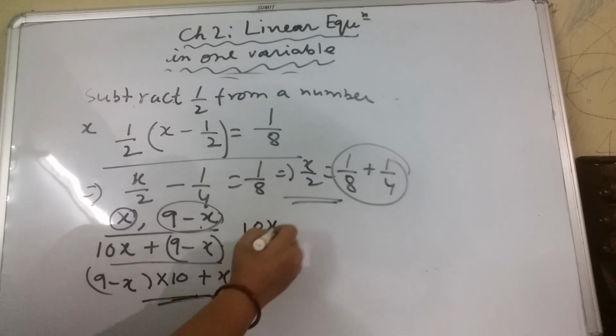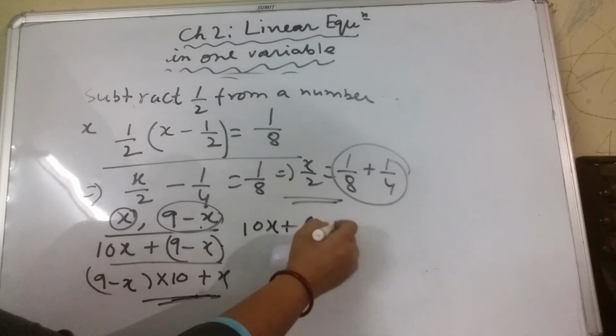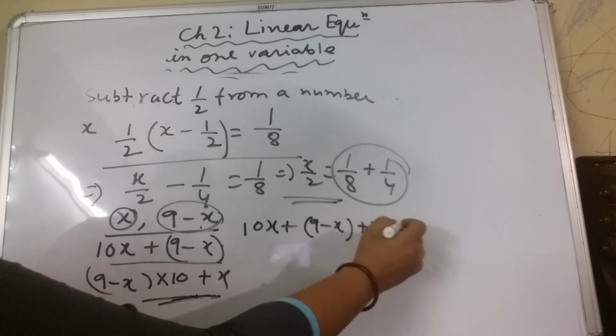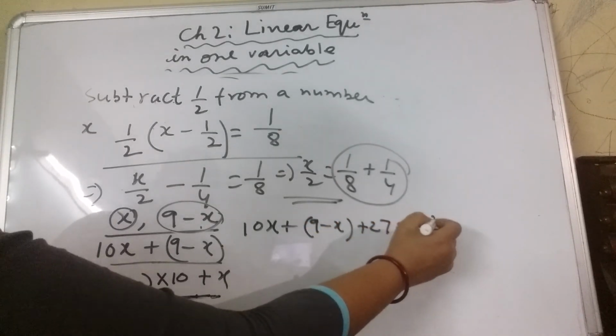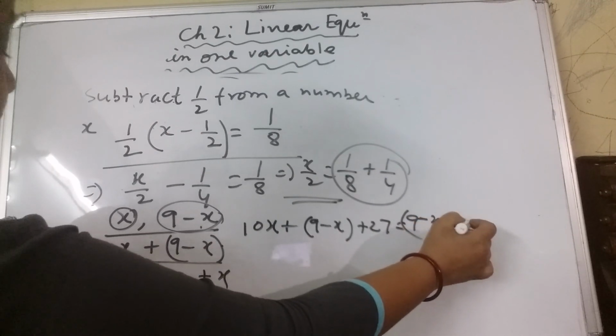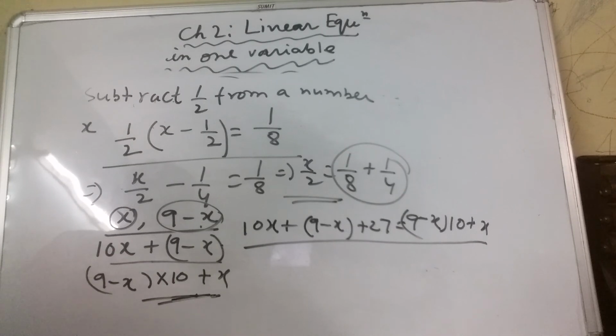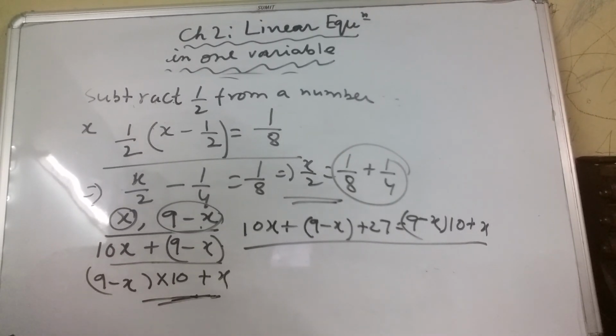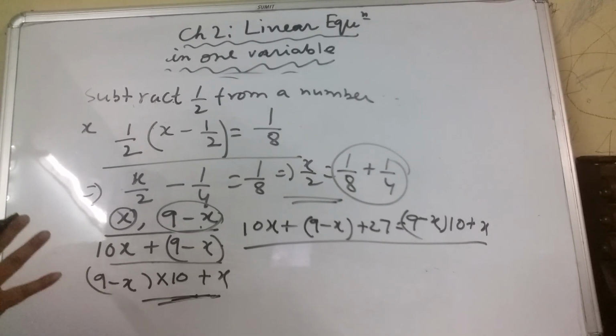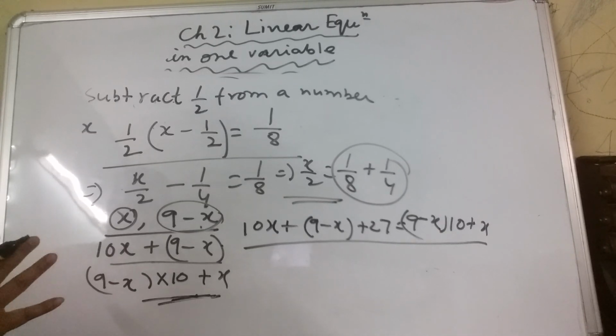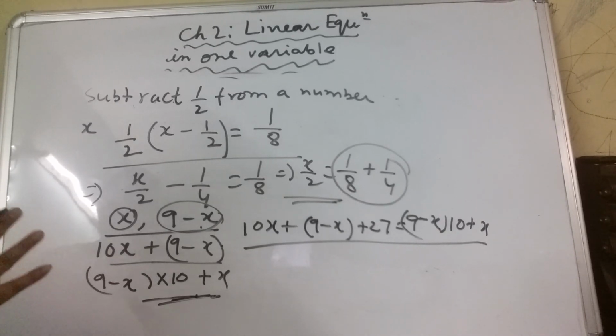So 10x + (9 - x) + 27 equals (9 - x) into 10 + x. Okay. Now you open this bracket and solve it. Understood? This way you can use your knowledge to form an equation and find its solution to solve your problems. Thank you.